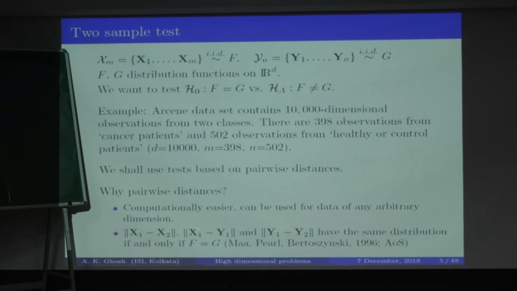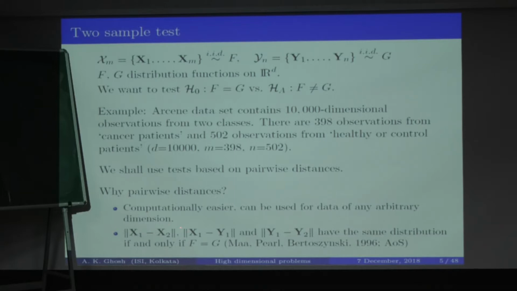This is a result due to Maa, Pal, Sarkar, and Ziegler. They said that x1 and x2 are the observations from this class F, y1 and y2 are the observations from this class G. So I am considering four independent observations, x1, x2, y1, y2, two from the first class, two from the second class.